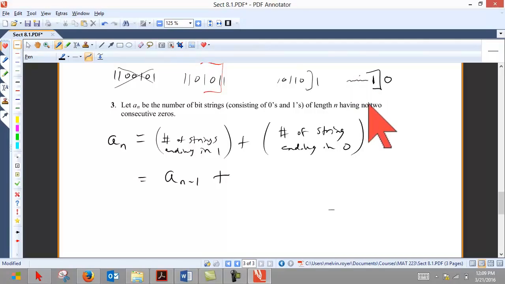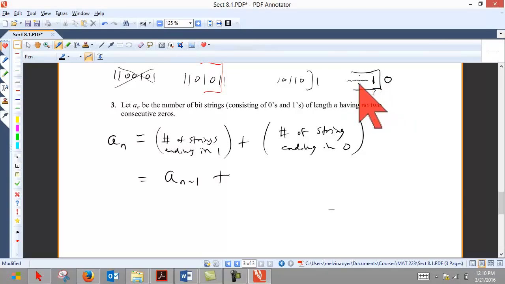No, because I know the thing in brackets here to the left already was a legal string. It had no consecutive zeros. So if I'm going to construct an n-bit string ending in 0, I can do anything legal that I want. Then the next to the last bit has to be a 1, and then the very last bit will be the 0 that I'm trying to put on there.